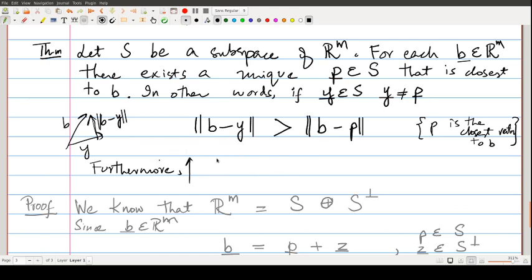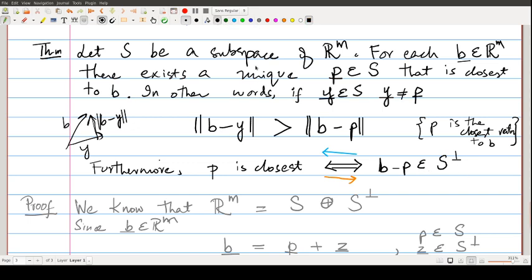It is saying, furthermore, P is closest if and only if B minus P is in the orthogonal complement. So this is something that we have to prove. We have 2 directions to prove. One, that if B minus P is in the orthogonal complement, then P is closest, and the other direction is that if P is closest, then B minus P is in the orthogonal complement.